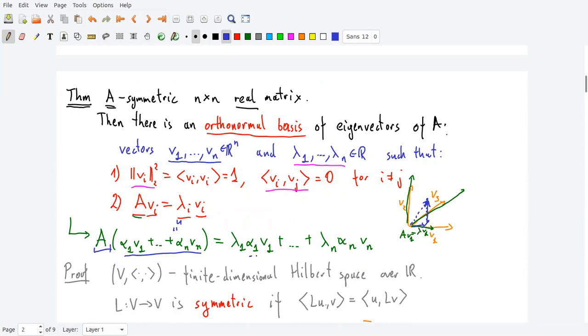This coordinate is multiplied by lambda 1, this coordinate by lambda 2, and so on, and the last coordinate by lambda n. So in this orthonormal basis, your matrix A acts in a very simple way, essentially coordinate-wise.